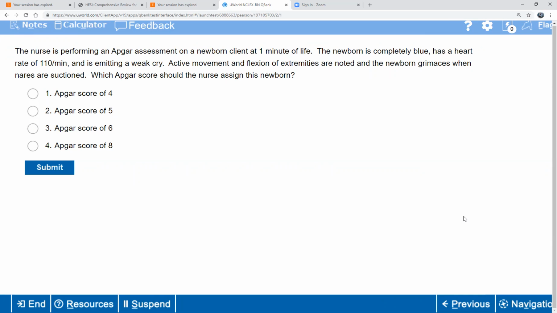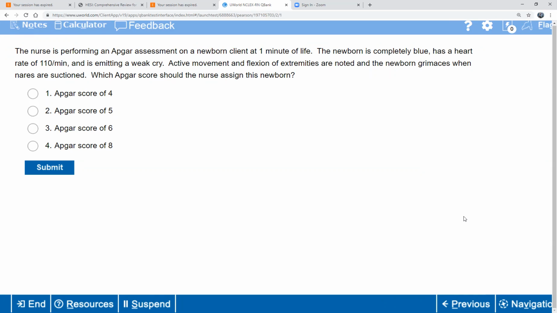Okay, so for the color, he didn't get any points. 110 is probably going to be a 2, because the baby's heart rate could be 110 to 160. And a weak cry would be a 1? It would probably be a 1. So that's 2 points total.